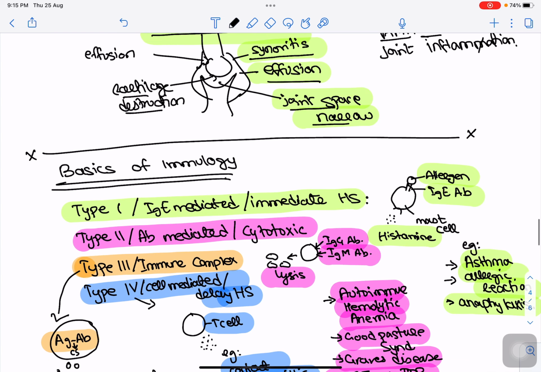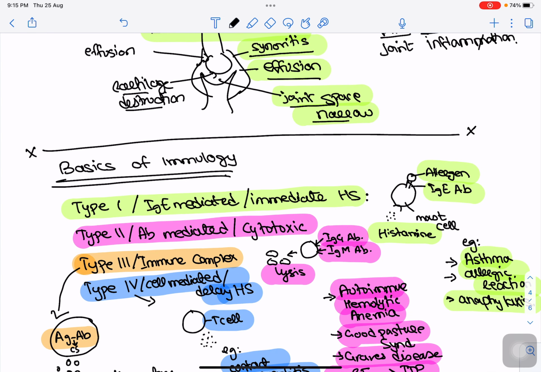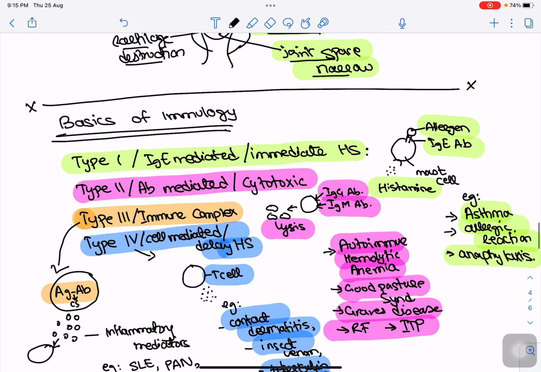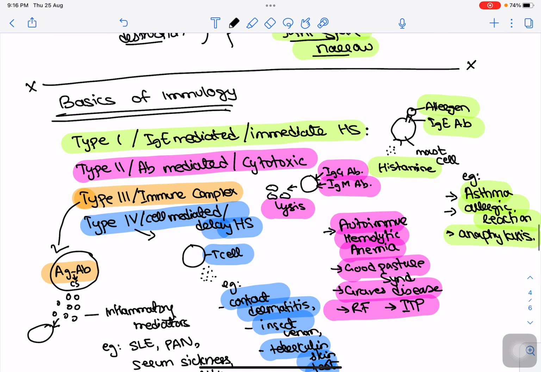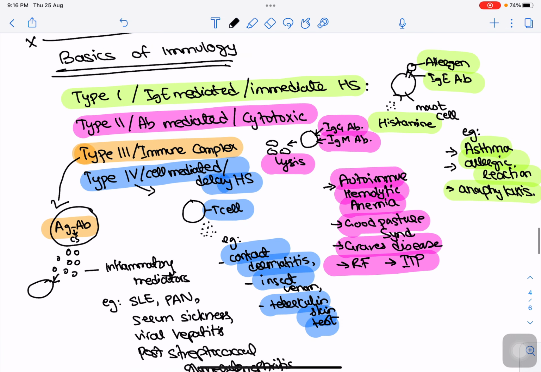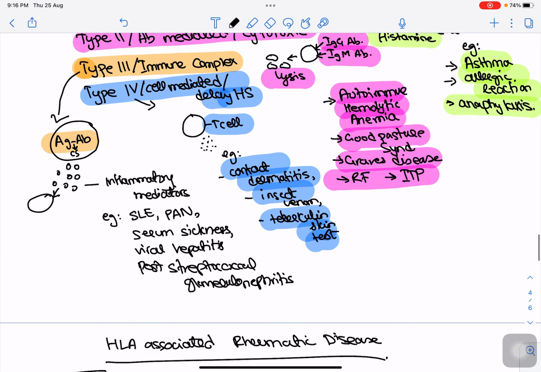Following up with that, four types of immunologic reaction: type 1, type 2, type 3, and type 4. Revising the types of reactions: IgE mediated in type 1, antibody mediated in type 2, immune complex in type 3, and T cell mediated in type 4. It is better to remember their mechanism along with a few examples of associated conditions.